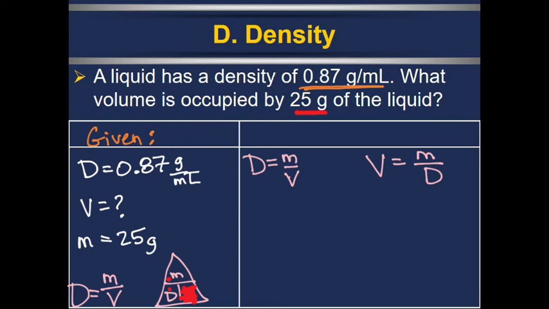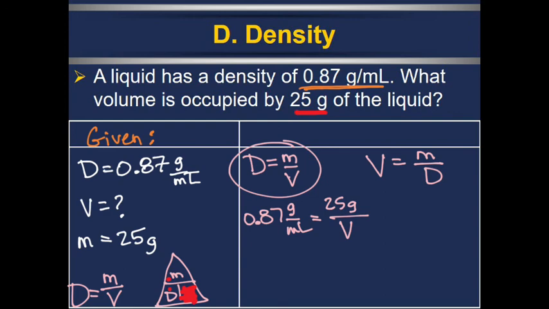I'm going to put it into the original one this time instead of the one that was given. So density is equal to 0.87 grams per milliliter. Mass is equal to 25 grams. And then volume is what we are solving for.